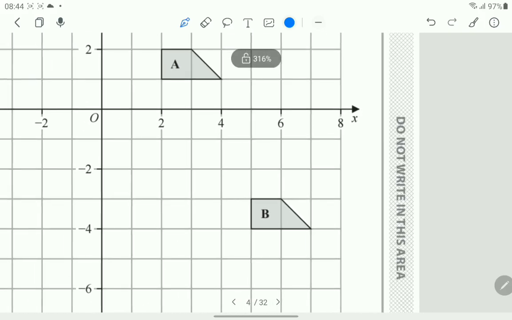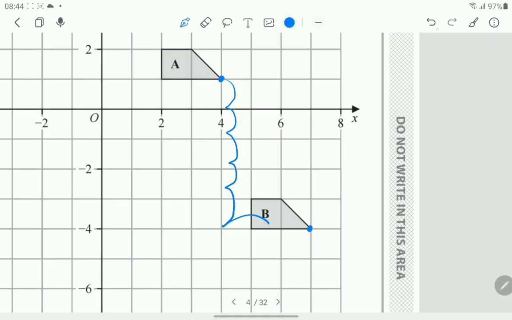What I do to solve these questions is I pick this corner of this shape and I see where it is, how many steps it has moved in the transformed shape. So if I go down, we go 1, 2, 3, 4, and 5. So it is -5 in the y-axis.